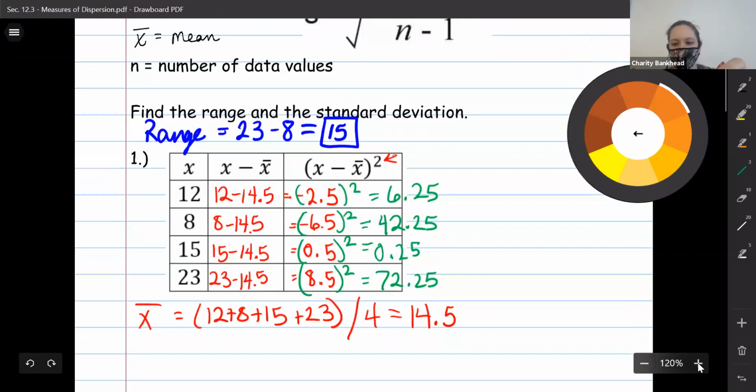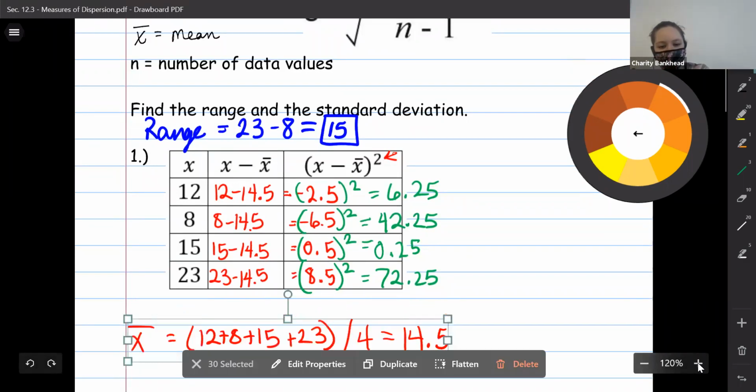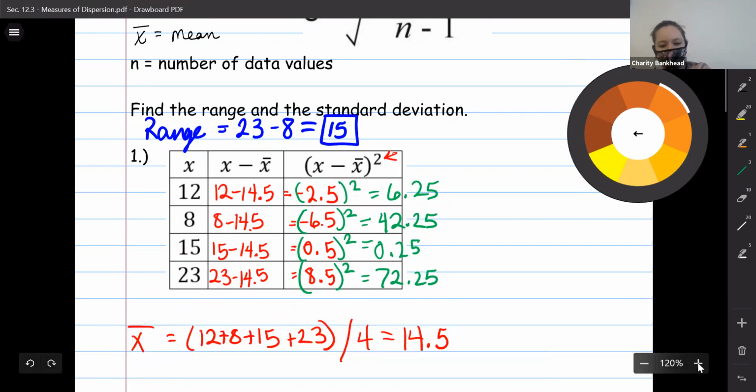So that means we're going to take that last column of numbers and add them all up. So 6.25 plus 42.25 plus 0.25 plus 72.25 equals 121.